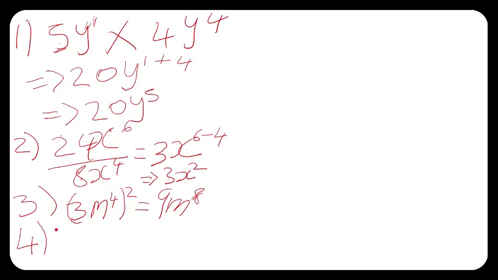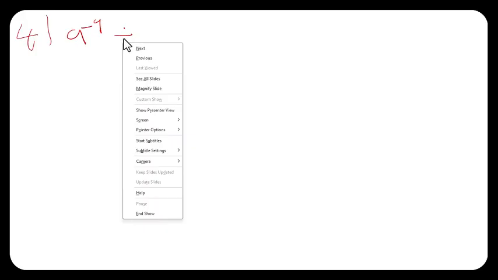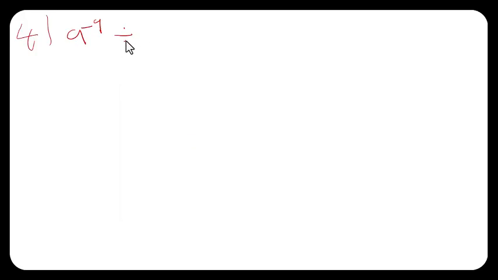The fourth question. A raised to power minus 9 divided by b raised to power 0.